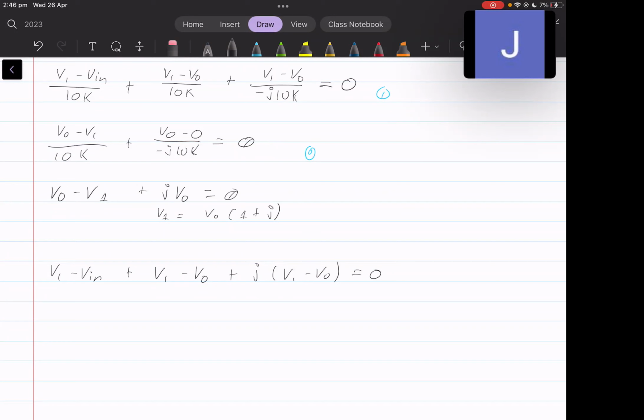Just because this is the first phasor one, I might actually go through that.